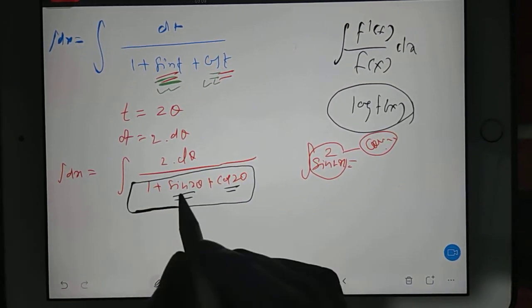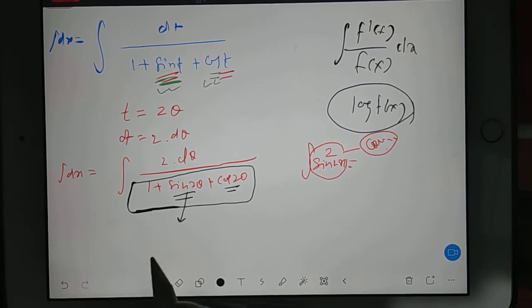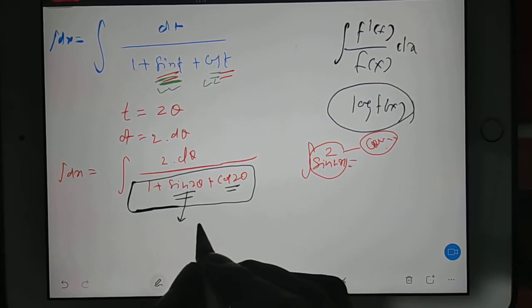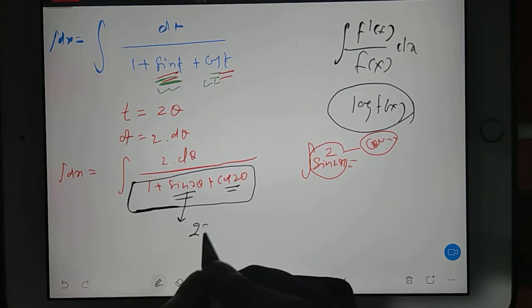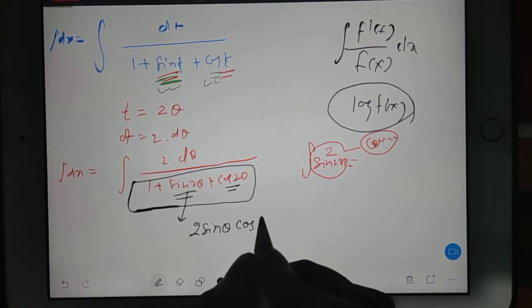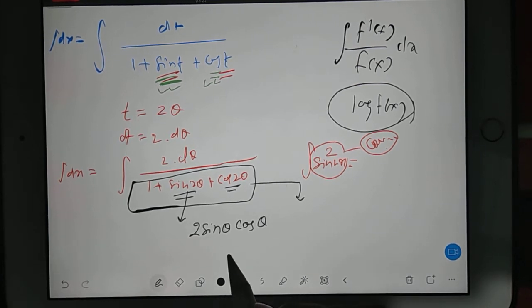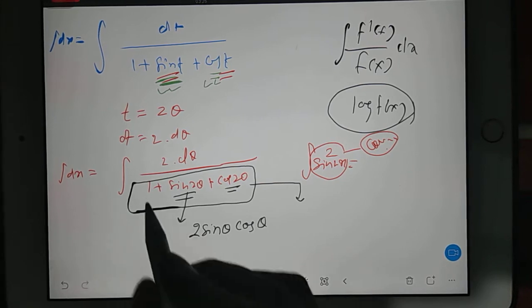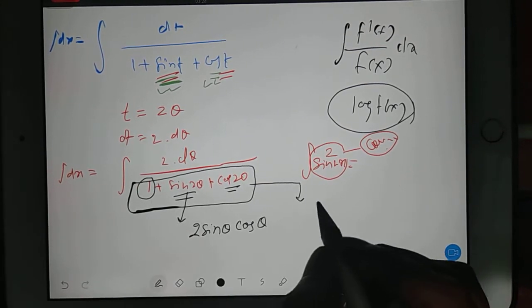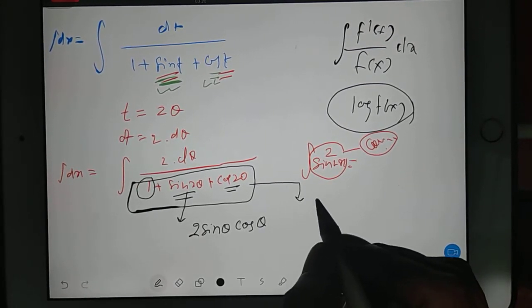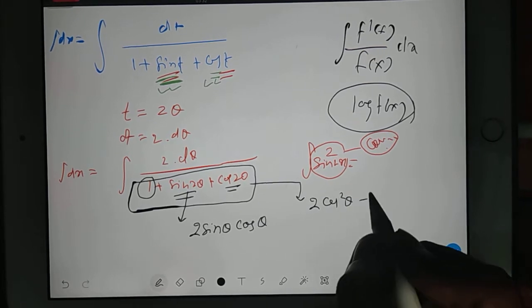You take it in this way. This sine 2 theta, I want to convert as 2 sine theta cos theta. This cos 2 theta, can I convert some other way using this 1? Can I convert in terms of cos square theta? We know that 2 cos square theta minus 1.